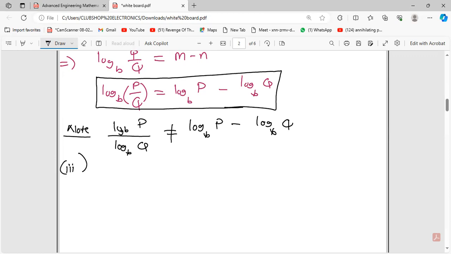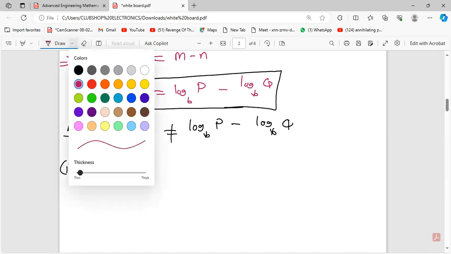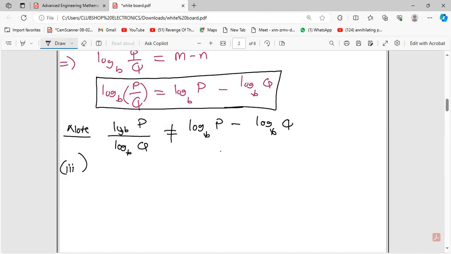Where we apply like x to the power n by m. This is x and m. Now we apply that in terms of log, right? And so now, suppose we have p to the power k.